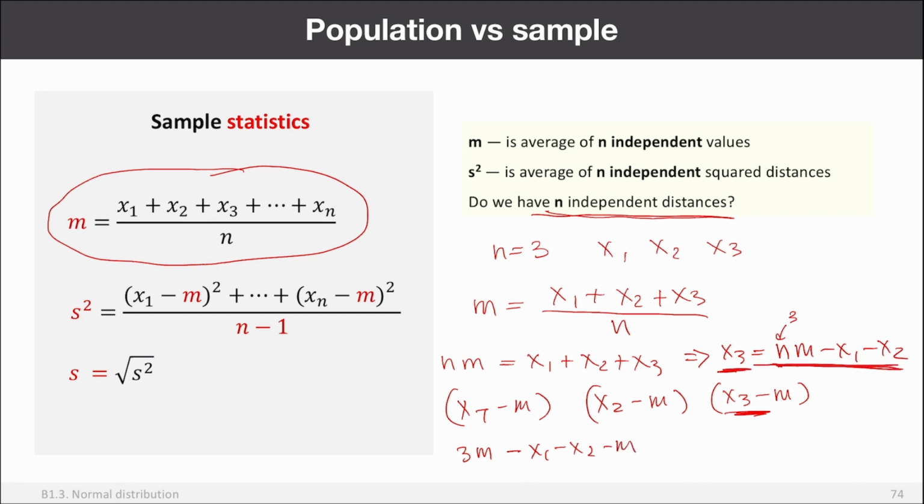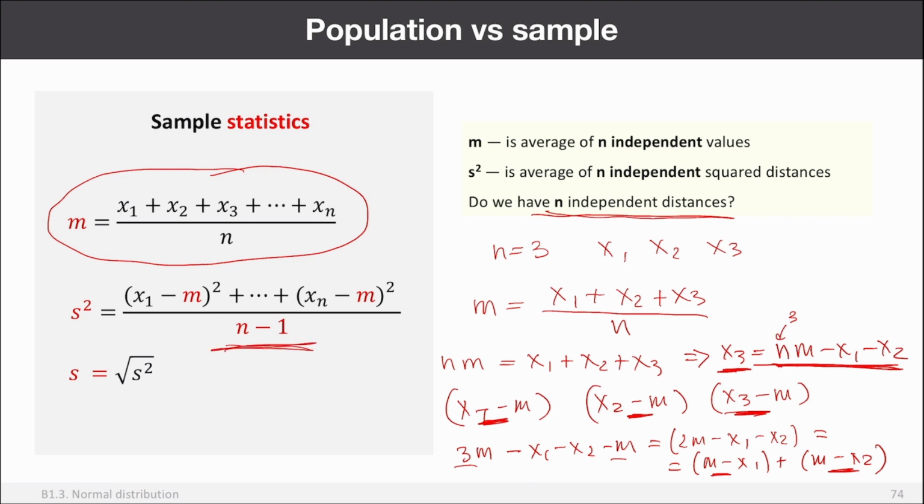And then you can see that 3m minus m will be 2m. So you will have 2m minus x1 minus x2. Or you will have m minus x1 plus m minus x2. So this is this distance, just with the other sign. And this distance is this distance. So you don't have 3 independent distances. You have 2 independent distances. So you have n minus 1 independent distances. And that's why we have n minus 1 here.